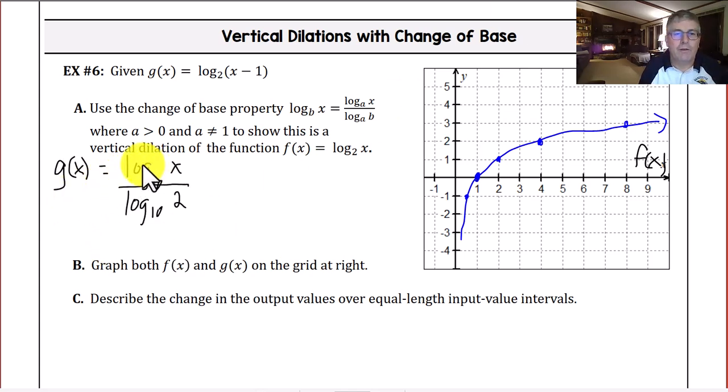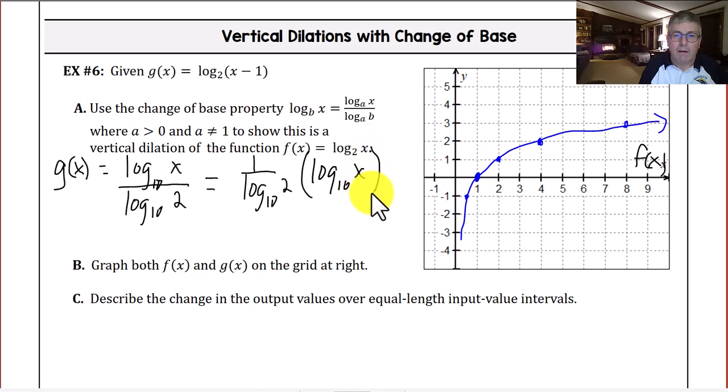So in converting to base 10, we get log base 10 of x over log base 10 of 2, which is equivalent to 1 over log base 10 of 2 times log base 10 of x. Imagine like factoring the denominator out of g of x, and we end up with 1 over log base 10 of 2 times log base 10 of x.